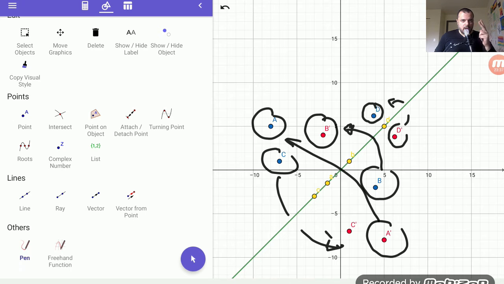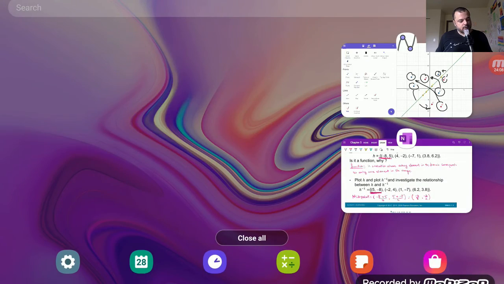We just interchange x and y coordinates. And what is the relation between the relation itself and its inverse? The inverse of the relation is always a reflection of the relation itself across y equals x. So let's get back.